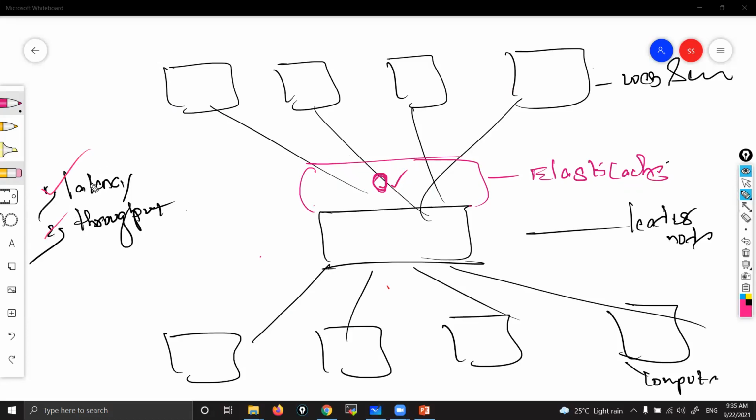Second one is throughput. Throughput means passing through someone or something. Suppose this is one road, with point A, point B, point C. Traffic is coming like this. At A, there won't be any traffic jam or congestion.